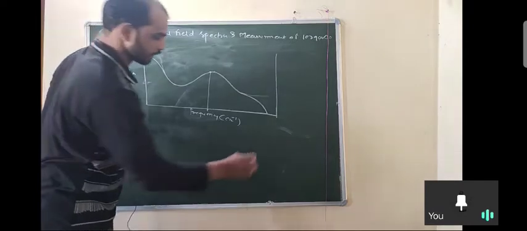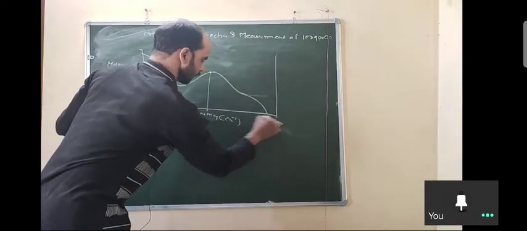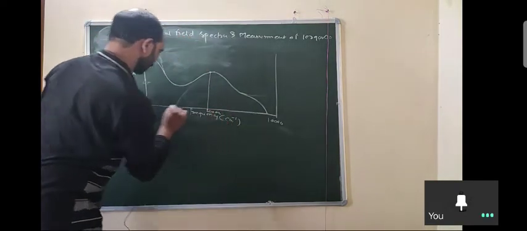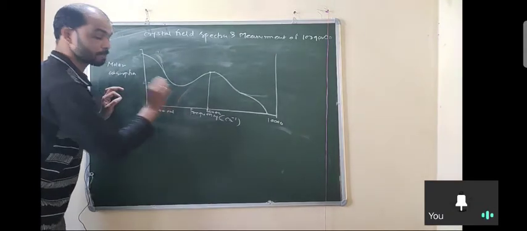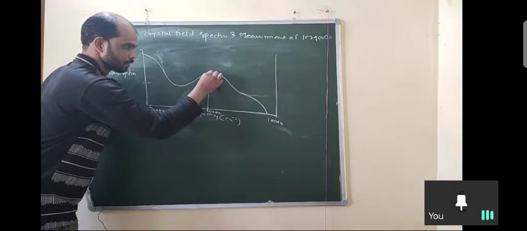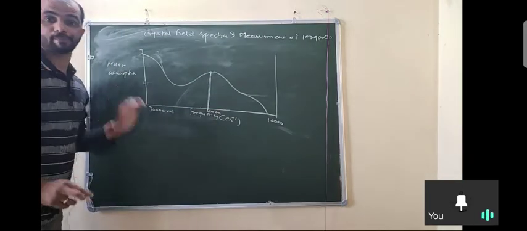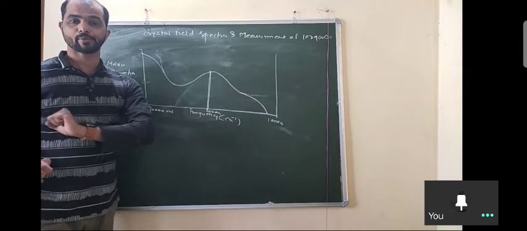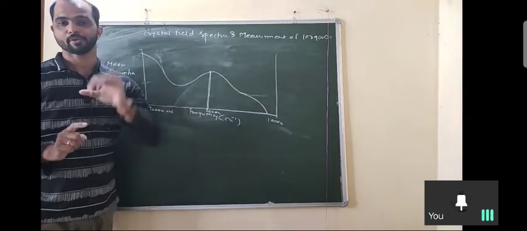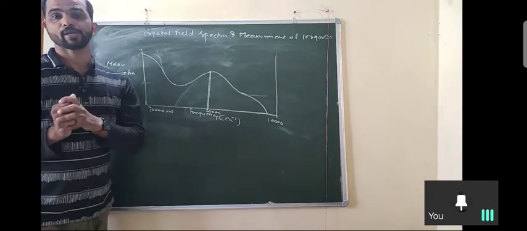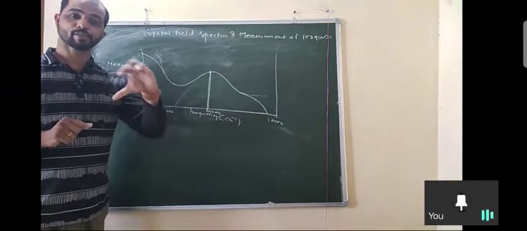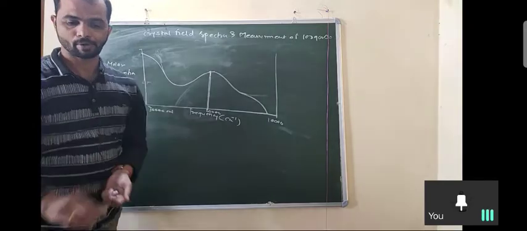Suppose we consider here 10,000 per centimeter, here 20,000, here 30,000 per centimeter. That means a particular complex has higher molar absorptivity here. This is the frequency, the highest absorption frequency. If we know the absorption frequency, using it we can calculate the 10 Dq value, the measurement of the 10 Dq value, and at that point we are going to discuss it.